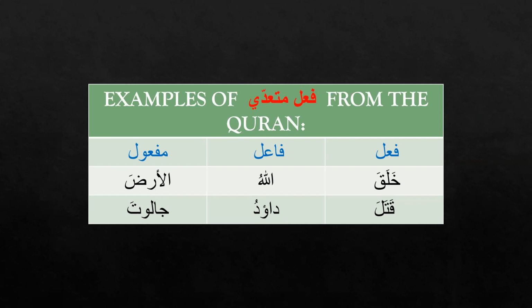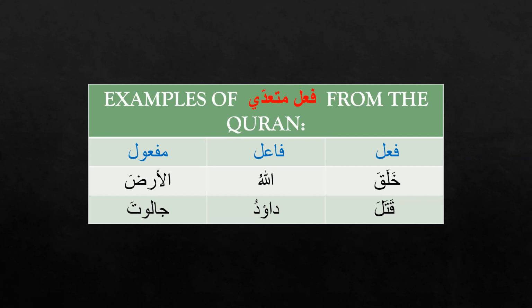They both are nouns. Al-Arda and Jaluta, they both are nouns, and you can also see here that they are in the state of nasab because they are maf'ul, and maful, whether it is Jumla Ismiya or Jumla Fi'liyya, is always in the state of nasab and always mansoob. We just have to follow the rules of asma and afal to make them in the state of nasab.